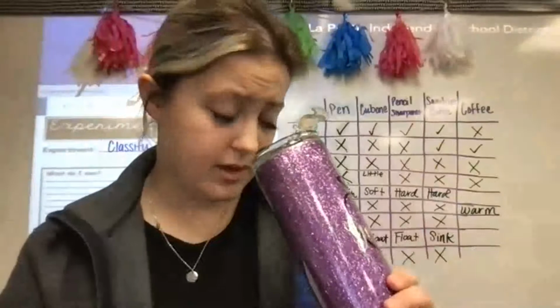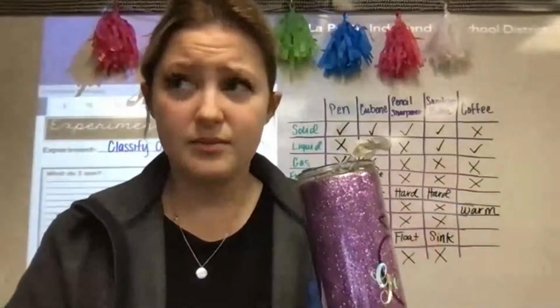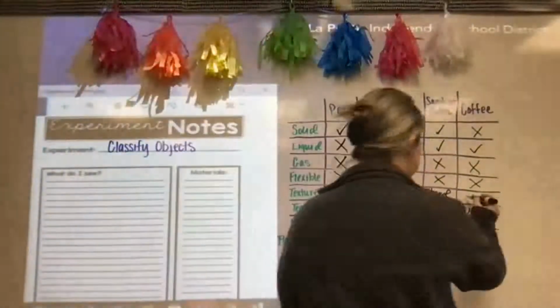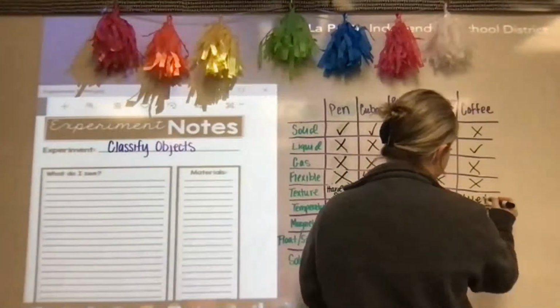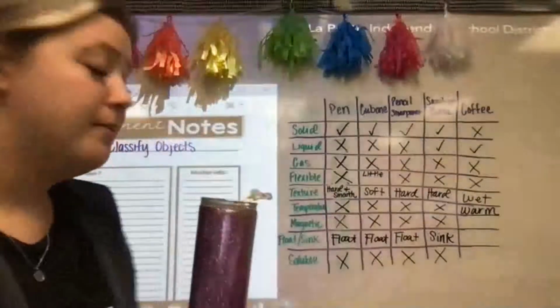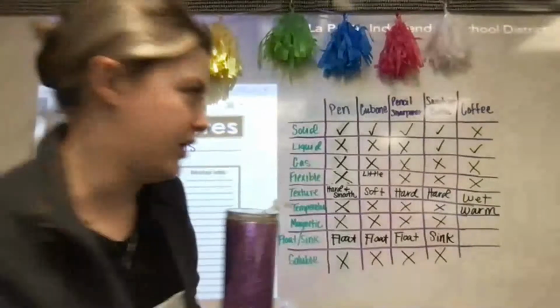Well, I'm looking at it and I would have to say wet. Because if I got it on me, it'd be a little wet. There is no hard surface because it's not a solid. It's wet. So, magnetic, coffee is not magnetic. There's something wrong with your coffee if it's magnetic.